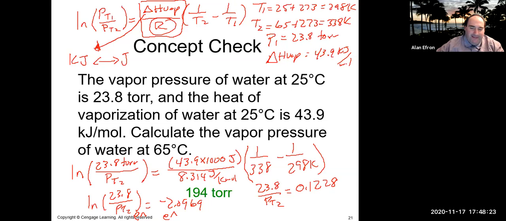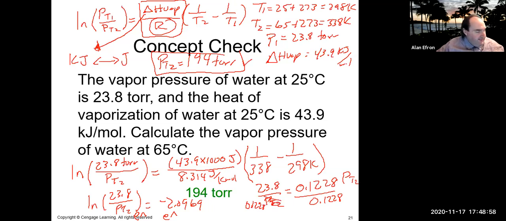So we're going to multiply the P of T2 to the other side and divide back the 23.8. So we're eventually going to take 23.8 and divide it by 0.1228. And that does give us our final pressure here of 194 torr in this case. So multiply this to the other side, divide by this, and we'll end up with this.